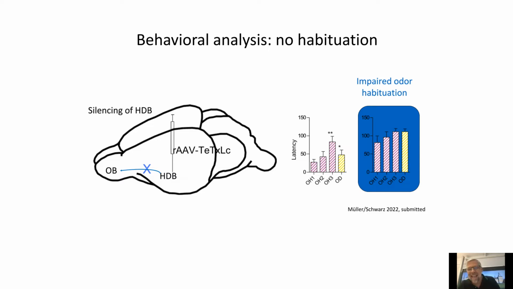And what you see here on the right-hand side in blue is that odor habituation is completely abolished. So it means that this mouse does not habituate to the odor. It is like an Alzheimer patient, right? If you look into the mirror, whenever you look in the mirror, you see a new face. So the mouse does not habituate, showing indeed that this region is causally linked to, or is controlling, odor habituation in the mouse.